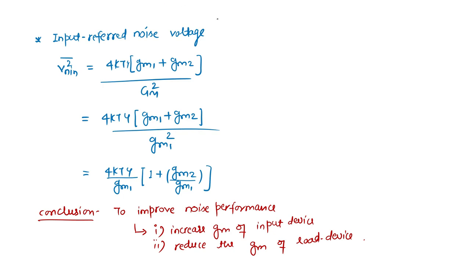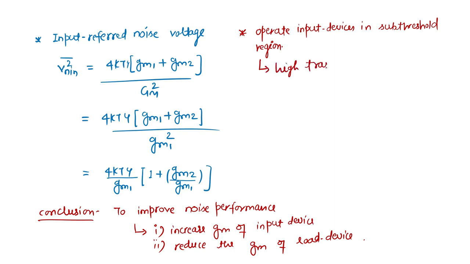In many circuits, it is possible to operate the input device in the subthreshold region, because in that region we have substantially high transconductance.